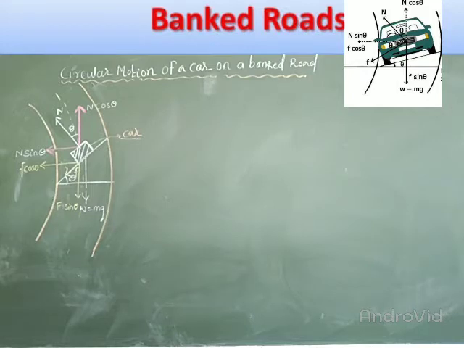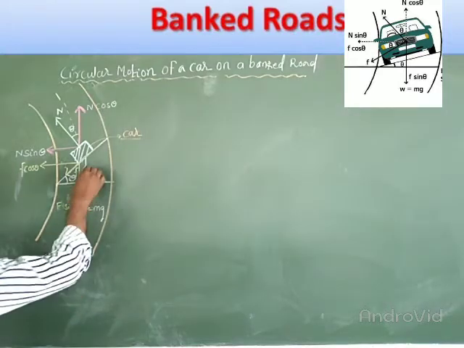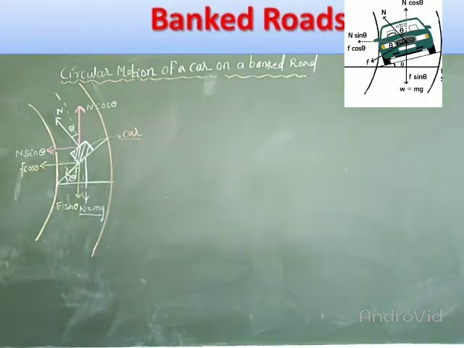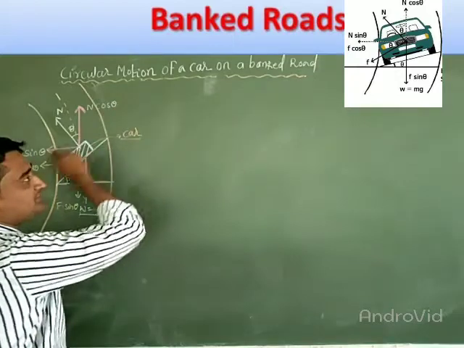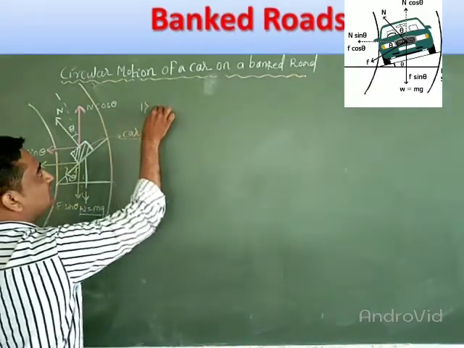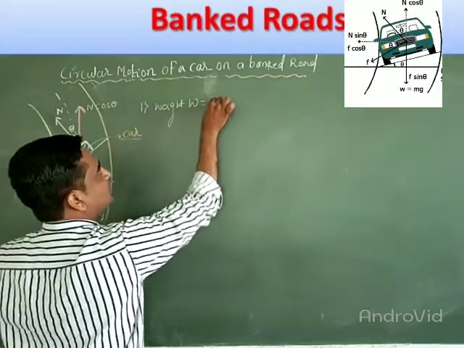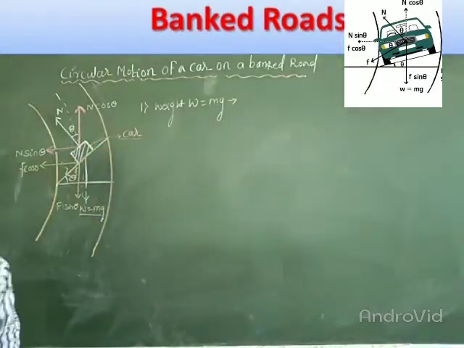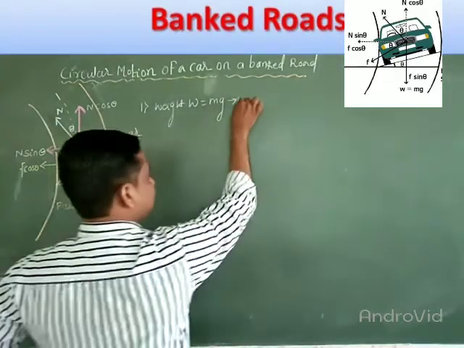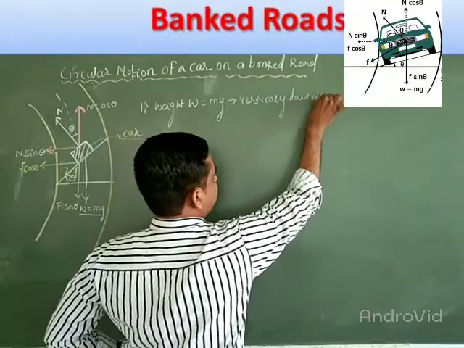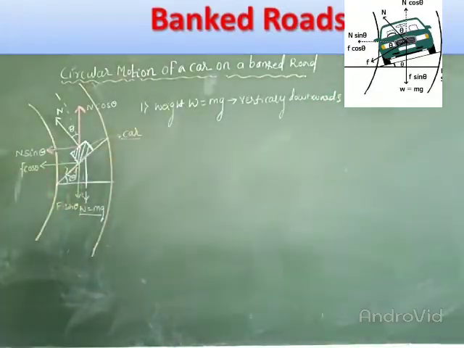The first one is the weight of the car, W equal to mg, which is acting vertically downward.